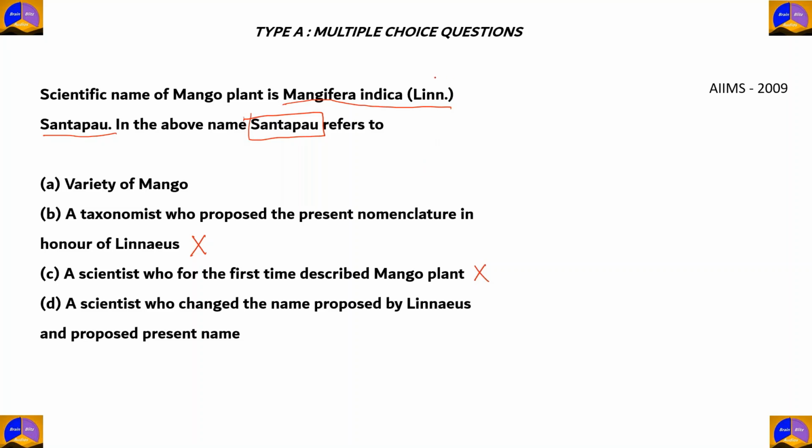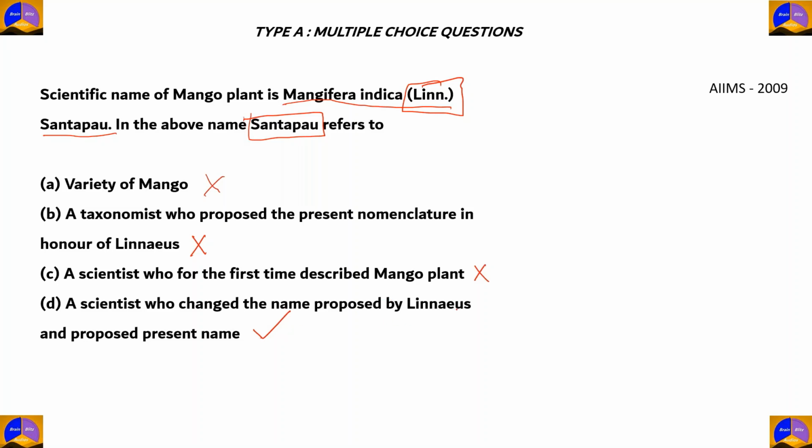It's also true because of the specific attribute here, Linn. This refers to the name of the author, or Linnaeus. Now, if you look at variety of mangoes, Santapau does not fit there. Therefore, it's incorrect. The answer here is a scientist who changed the name proposed by Linnaeus and proposed the present name. Option D. Were you right?